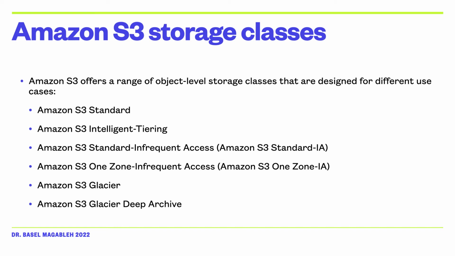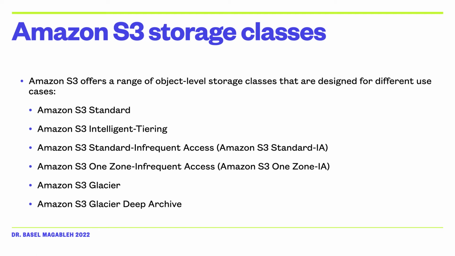It costs less than Amazon S3 Standard-Infrequent Access and Amazon S3 Intelligent-Tiering. It is a good choice for storing secondary backup copies of data from an on-premises data center, or data that can be easily re-created.